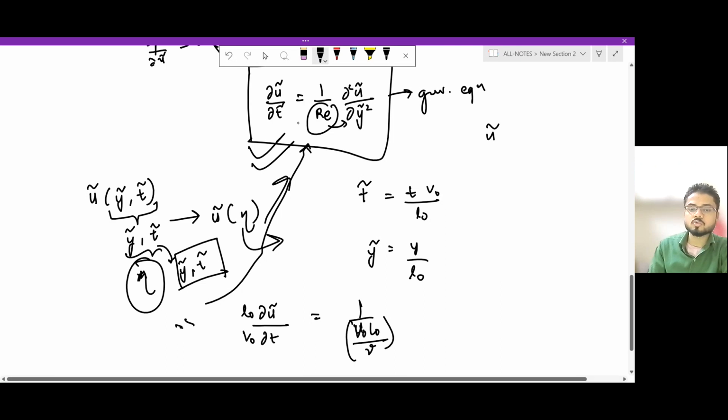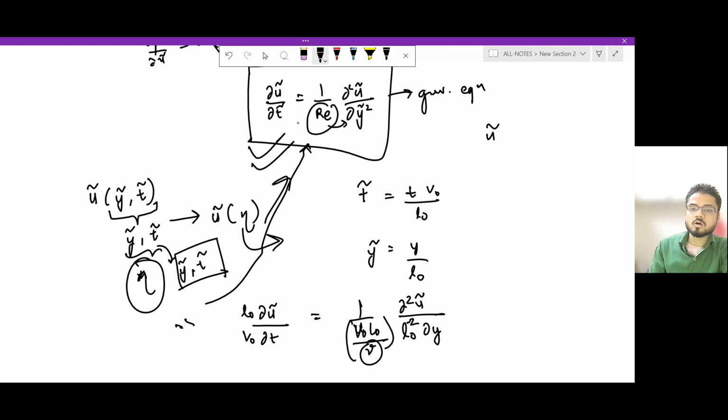Well, it was originally μ/(ρV₀L₀), and μ/ρ is effectively the kinematic viscosity, or momentum diffusivity as you call it, u′ divided by L₀² times y′ ... ∂y². Yeah, this seems perfect.